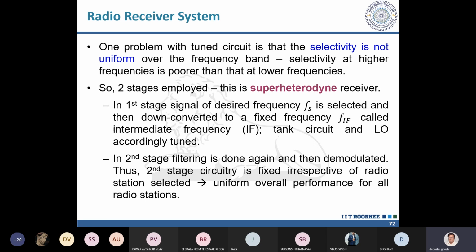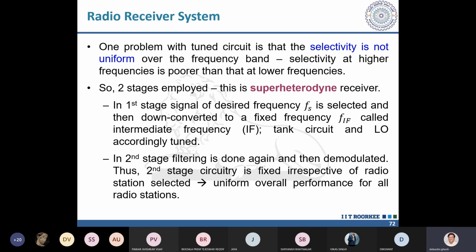Now the problem with selectivity is that at lower frequency, you will study afterwards why it is so, the filters give a very good selectivity. But at higher frequencies, they don't give a good selectivity. The selectivity is bad at higher frequencies.